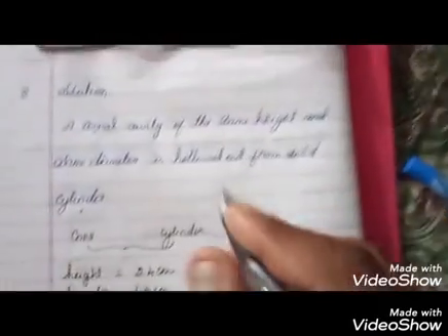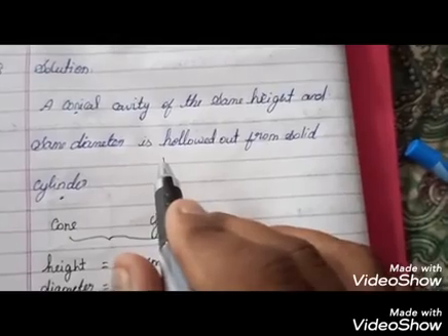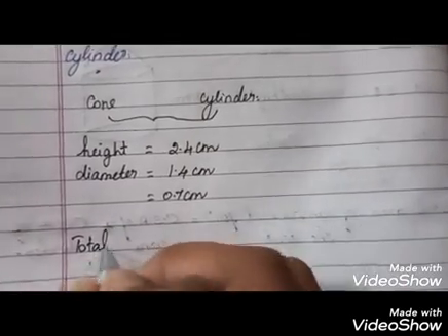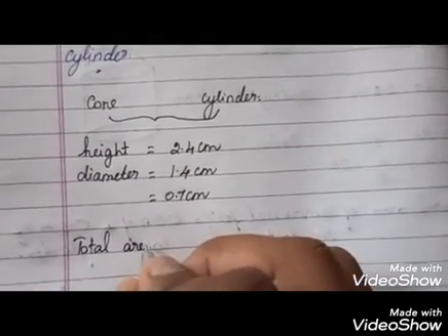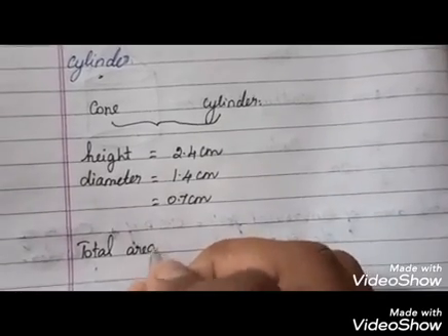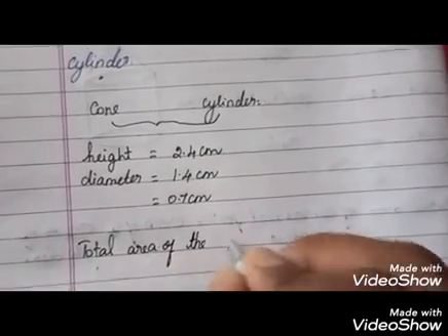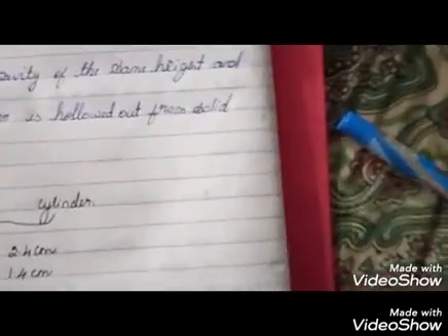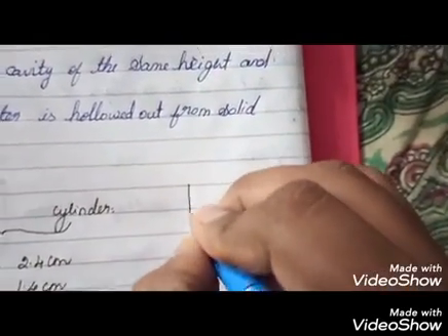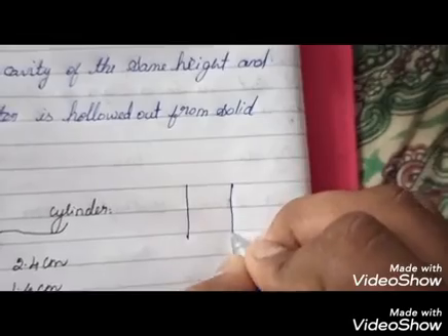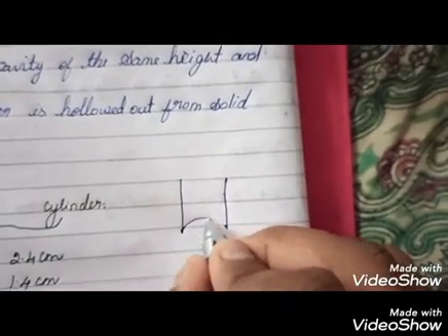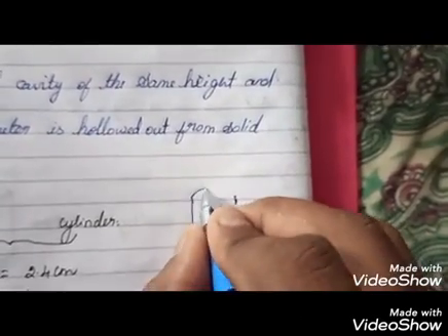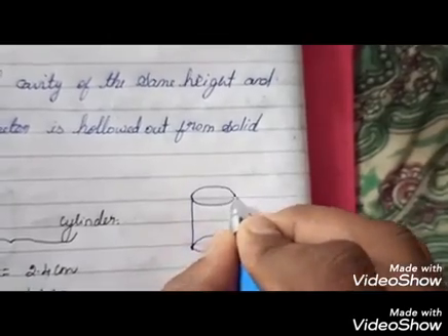Now I show the cylinder, and the total area of the remaining solid we have to find out. So what portions are remaining? This is the solid cylinder. On one side I have to cut a conical part.